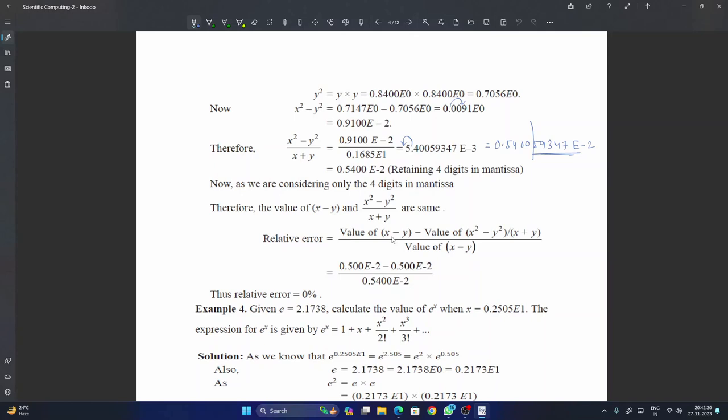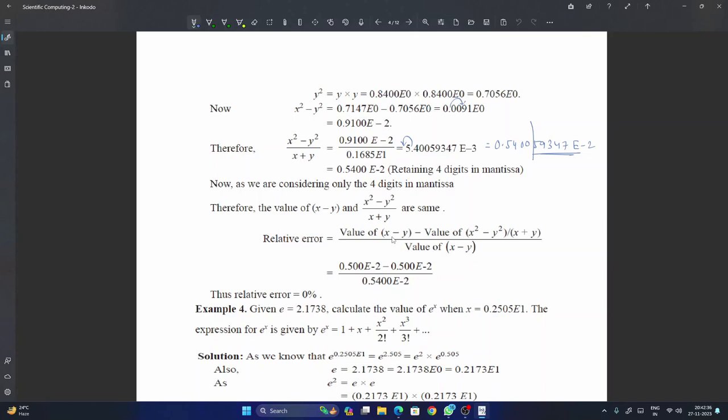But for this case, for these numbers, the relative error will be 0, but you can't say that for any number this value will be 0 always. So you can take any two other numbers.